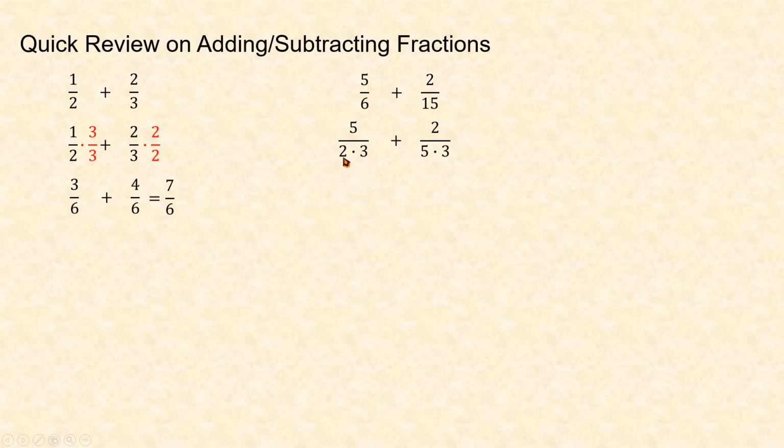So the first one I have 2 times 3, and I need a 5 because the other one has a 5, right? So I multiply the first one by 5 over 5. Now the second one, 5 is already there, 3 is already there. I'm missing a 2, so I'm going to multiply the second one by 2 over 2. Okay, so I end up having 25 over 30 plus 4 over 30, which gives me 29 over 30.